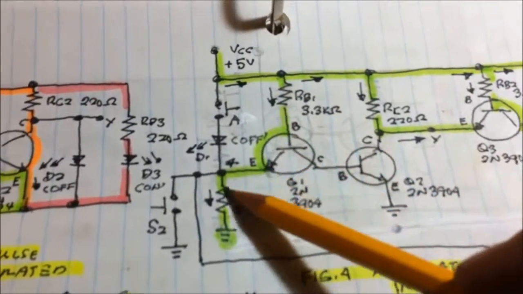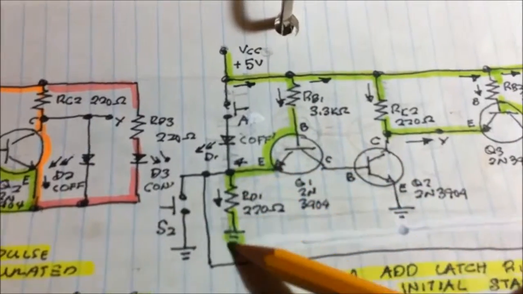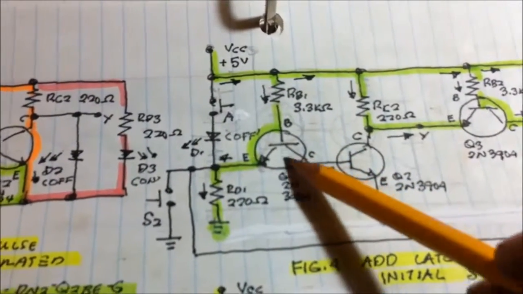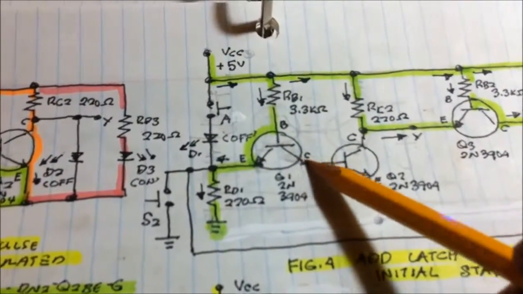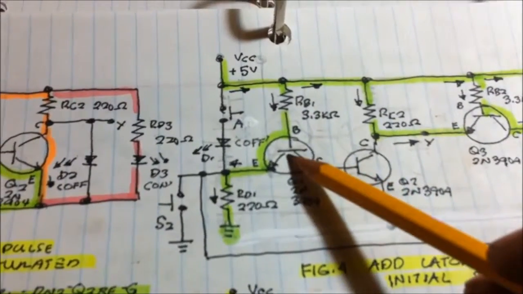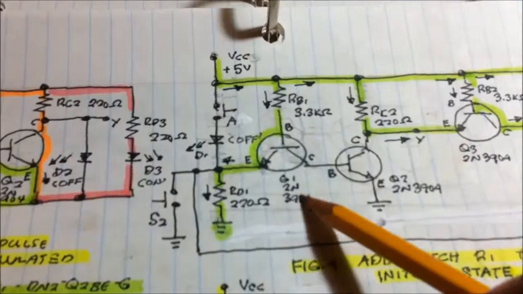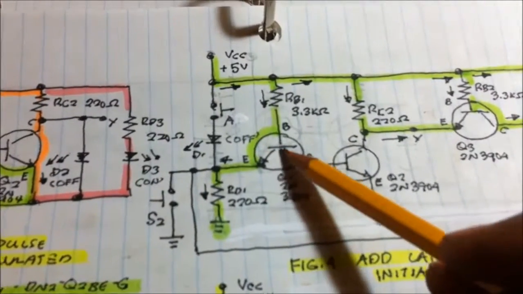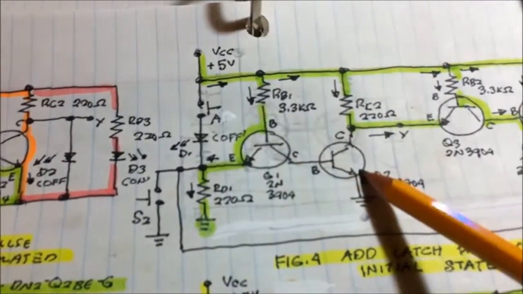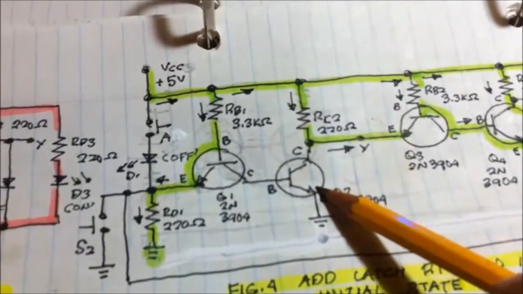Since the current flows into the ground here, this PN junction, we're using NPN 3904, is reverse biased, making this transistor cut off.